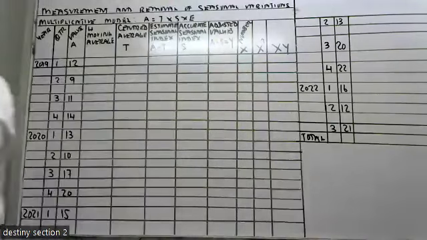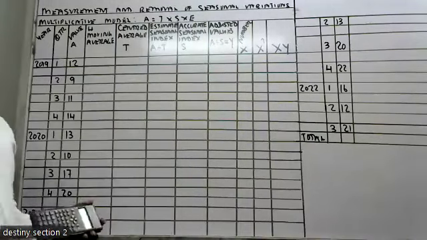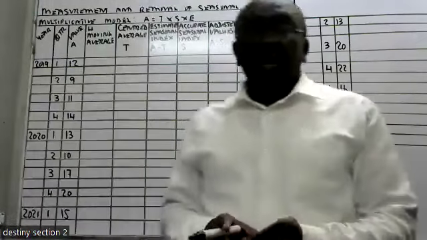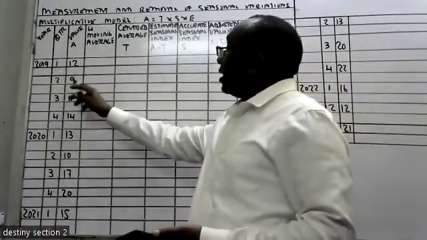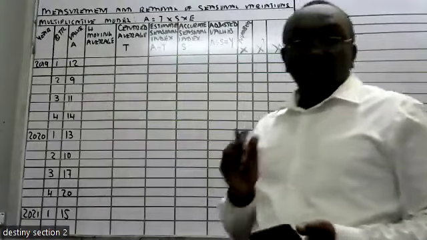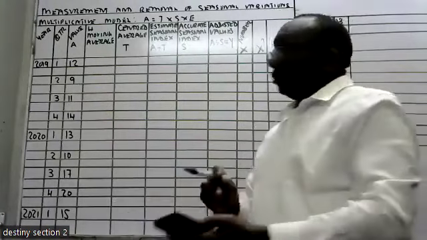Let us now get the four moving averages. This is how you compute. You take the first four values, you add them. So let's begin.